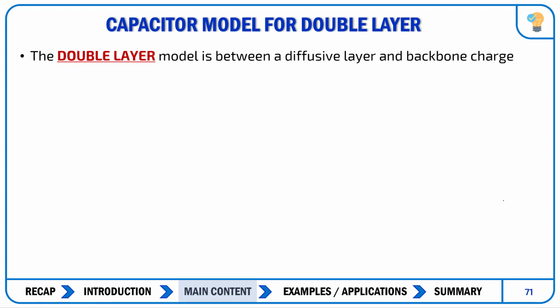So the double layer model is going to be between a diffusive layer and a backbone charge. So the idea really isn't with 2 DNA strands, for example. We kind of want to model it through some sort of space between the 2 strands.